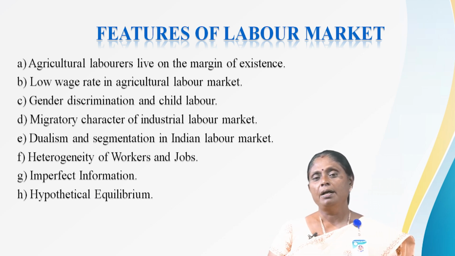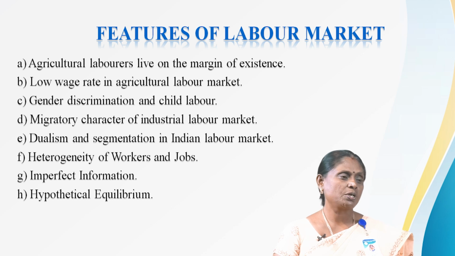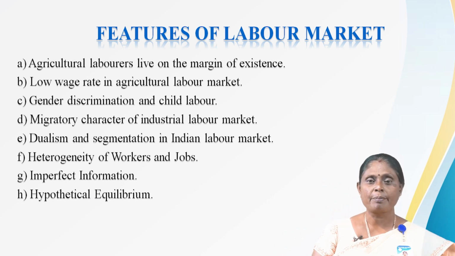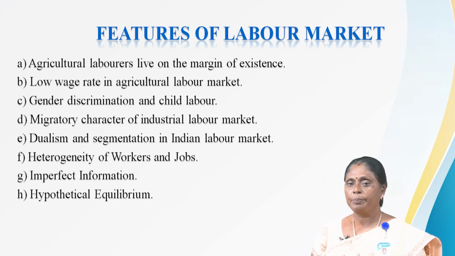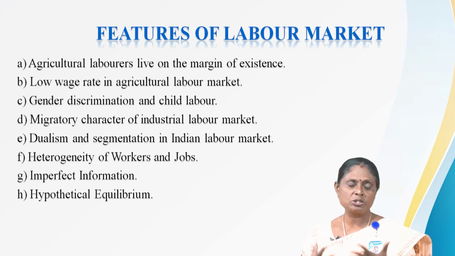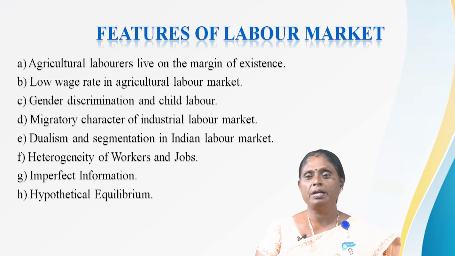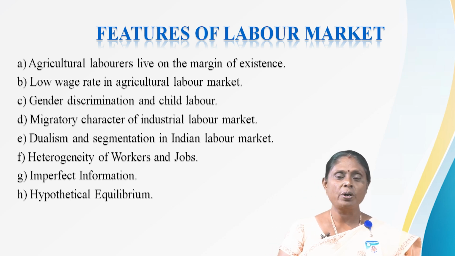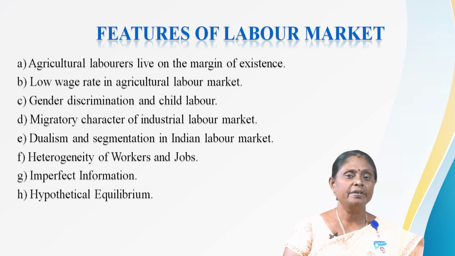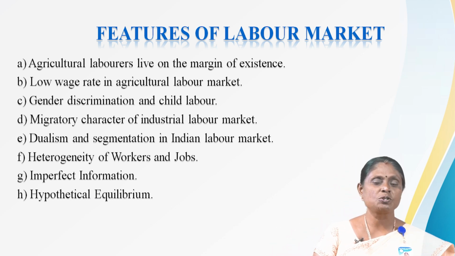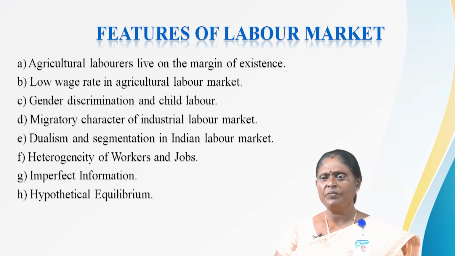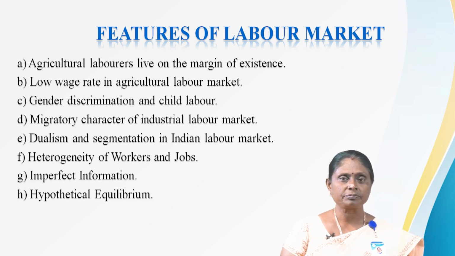And the next one, low wage rate in the agricultural labor market. Particularly in the agricultural labor market, wages are very low, and there has been very little increase in agricultural real wages over the period.